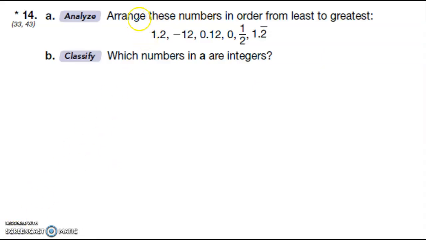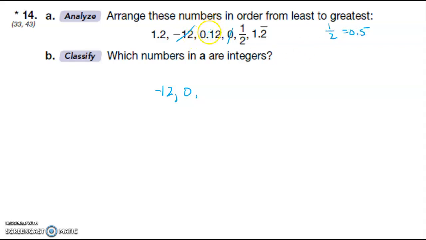Okay. Arrange these numbers in order from least to greatest. So I have 1.2, negative 12, 0.12, 0, 1/2, 1.2 repeating. Okay, so the negative number is going to be first. Is there anything else negative? No. So I believe 0 is the next. And then 1/2 as a decimal is 0.5.